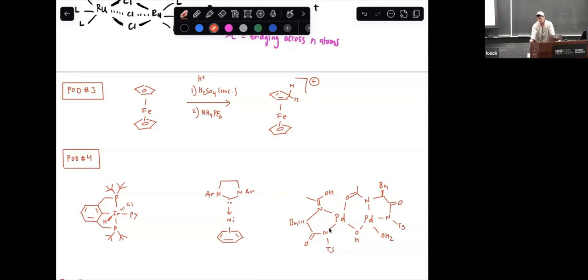The next ammonium PF6. In this case, you would have this as the counter anion. Step one. Then if I'm thinking what you're thinking, then you'd have this as the product of the second step.